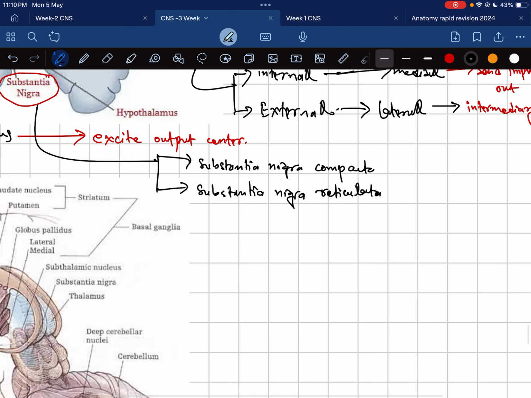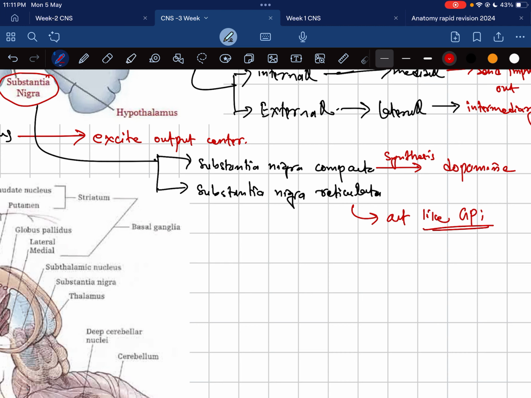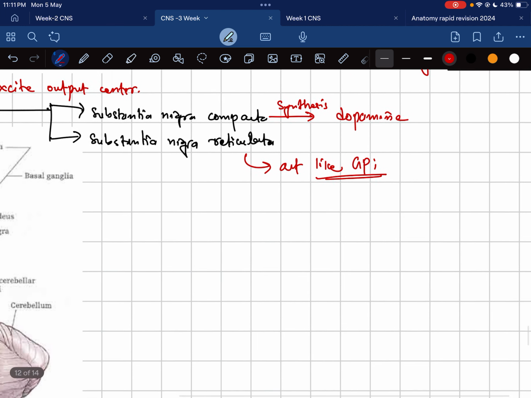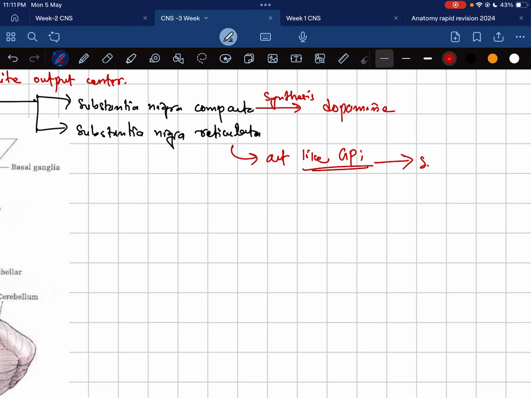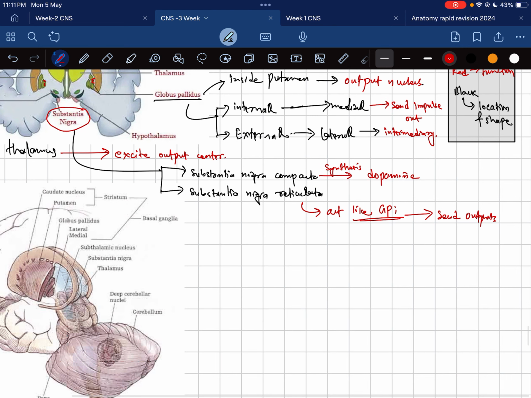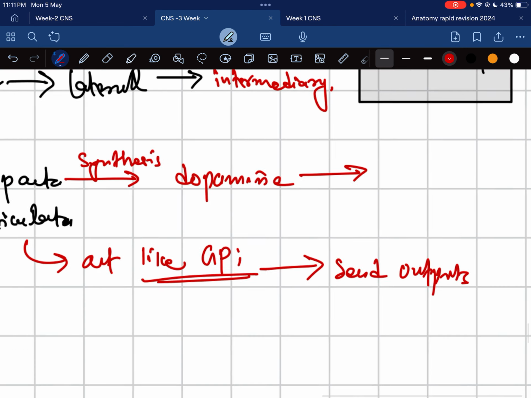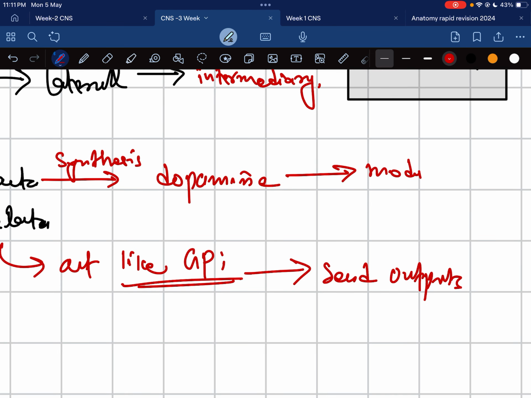The compacta synthesizes dopamine, while the reticulata acts like the globus pallidus internal and sends output impulses. But this modulates the movement.